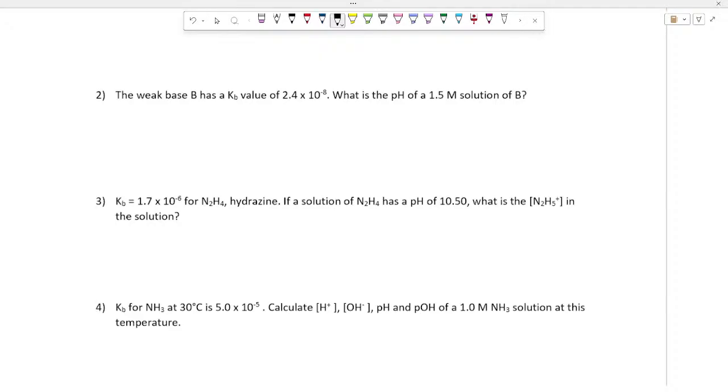Because by definition, assuming there was nothing present to begin with, N2H4 is going to react with water, right? And it's going to give us what? N2H5+ and OH-. So what do you notice about these numbers? They're the same. Good. So it's not a sneaky question. Simple question.